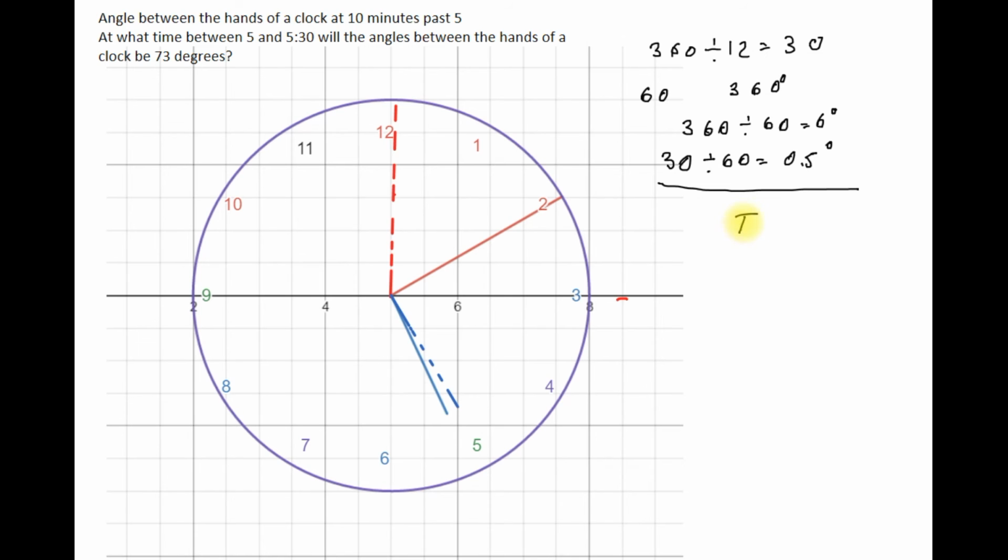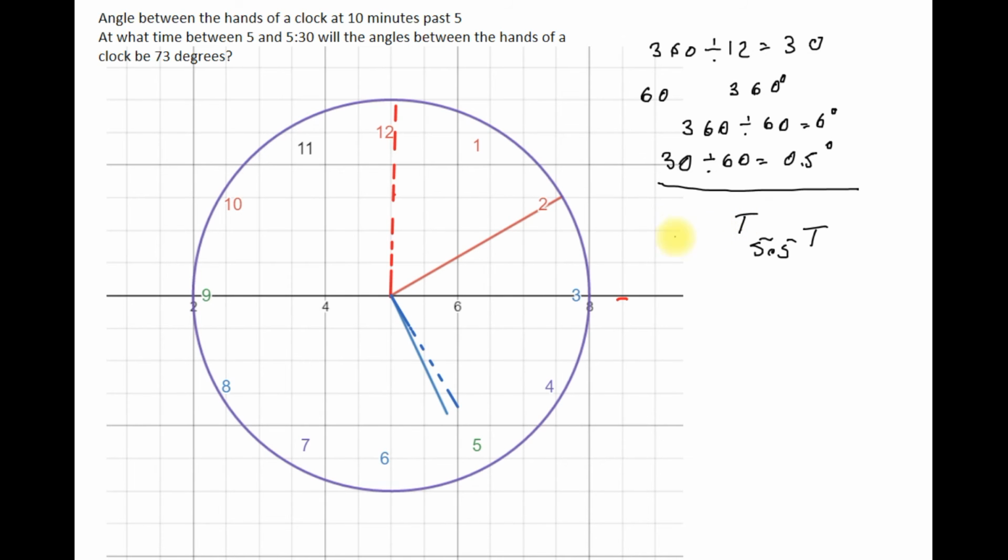Now we know that for every minute, the angle reduces by 5.5 degrees. So for t minutes, the angle would reduce by 5.5 times t degrees. I.e., after 1 minute, the angle will reduce by 5.5 degrees. After 2 minutes, it will be 2 times 5.5, which would be 11, and so on.